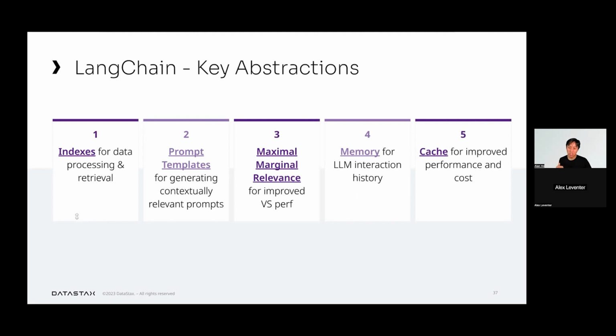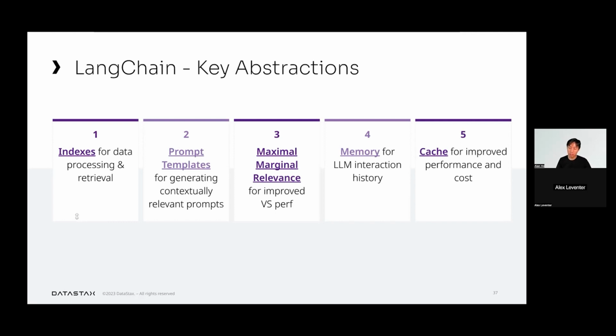In fact, we have a feature in Cass.io where you can write the prompt template, and in the prompt template itself, you can feed in CQL-type functions to auto-populate it. We use an algorithm called maximal marginal relevance. This is an advanced algorithm on top of vector search to improve the relevancy of the data coming back from our database.